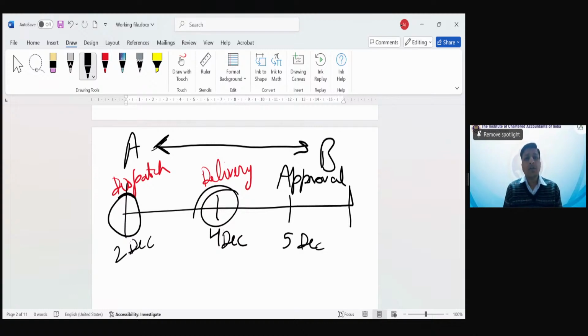Clearly no. Why? Because buyer will take up this risk or rewards attached to those goods only on which date? 5th of December. Understood? Clear, everyone? Everyone clear on this?